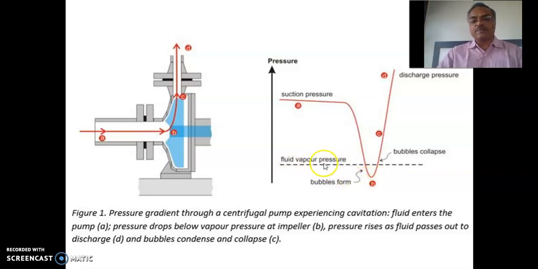So it is the vapor pressure. Here the suction pressure is going beyond the vapor pressure, and that's why bubbles will come out and go along with the main body into the delivery pipe. Therefore, in such a situation, the problem of cavitation may occur.